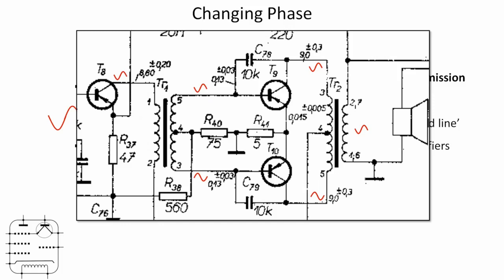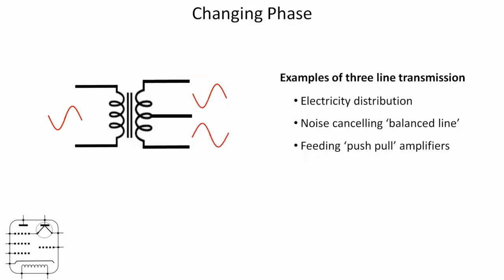Those two signals are fed to the bases of the two transistors, transistor 9 and 10, which are wired to amplify the positive and the negative cycles. The collectors of those two transistors are connected at either end of another centre tapped transformer with the centre grounded, so the two out-of-phase signals should be recombined, and what we should get coming out of the side of transformer 2 on the right is a signal which is in phase, and it should be the same phase as it was when it went in from the output of transistor 8. So there's an example of that.